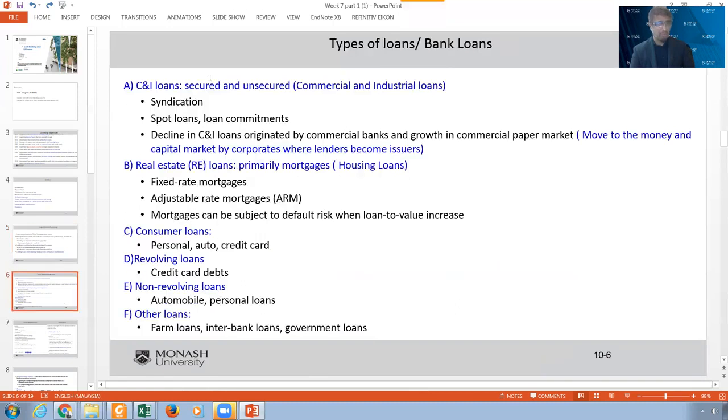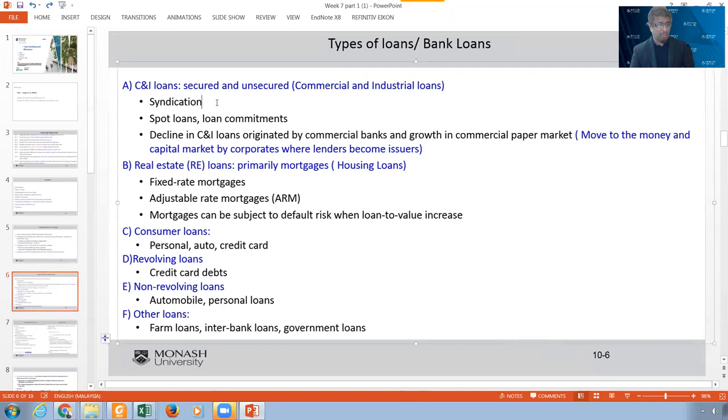This is the type of loans. We have commercial and industrial loans. This is for commercial and manufacturing companies. You can have secured and unsecured, secured when you have collateral. And then when you break them down, you have syndication loans. I think we have talked about that.